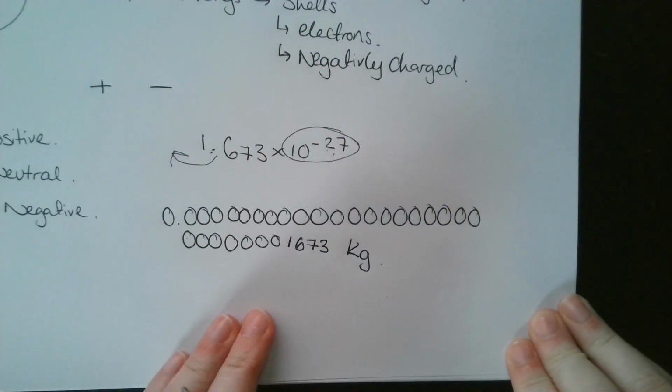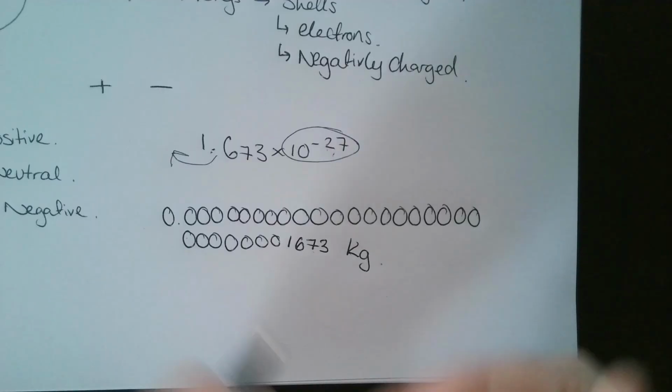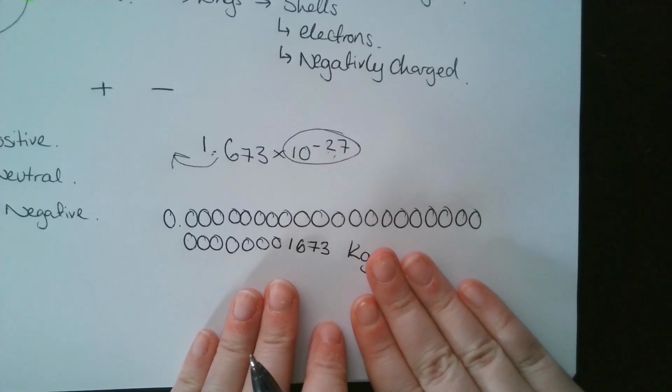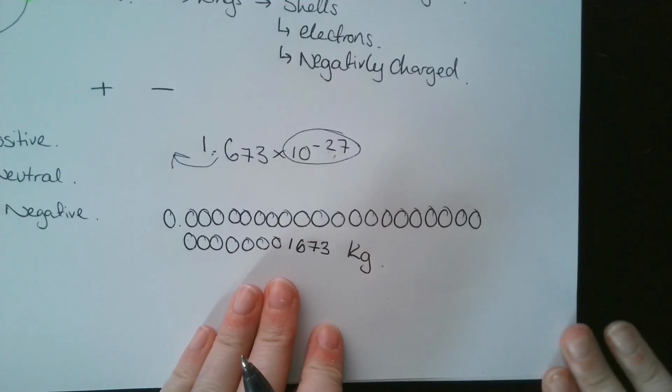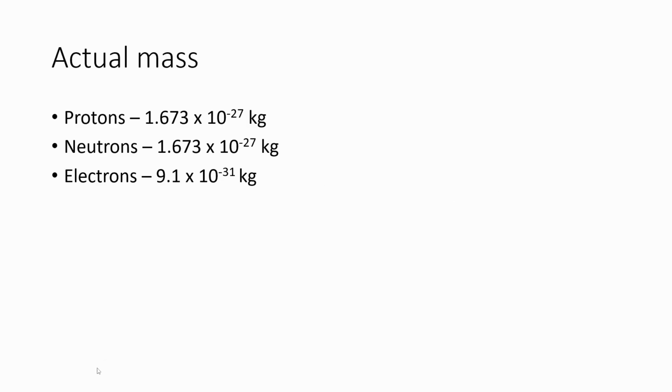So what we do instead is that we compare their mass and their charges against each other. So just switching back to this. Looking at this, we can see that these two numbers are the same.